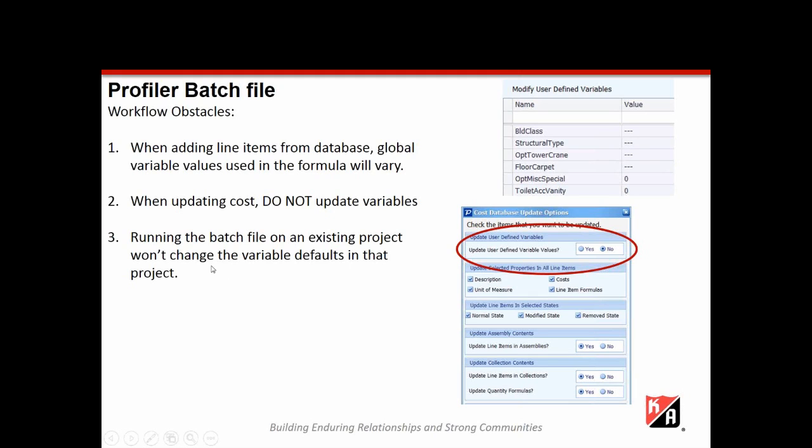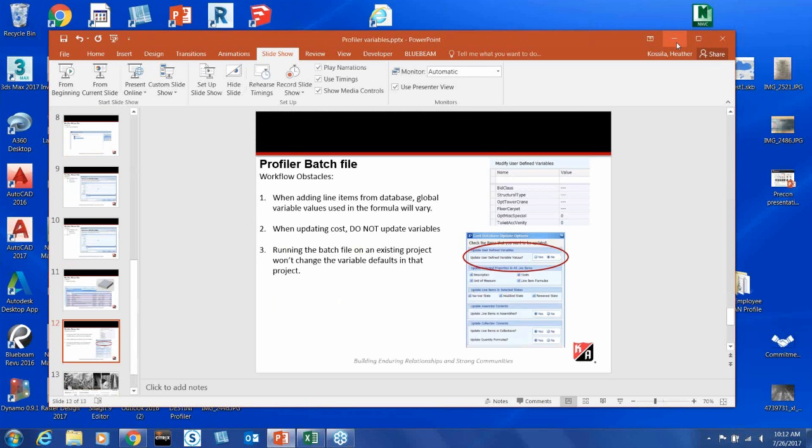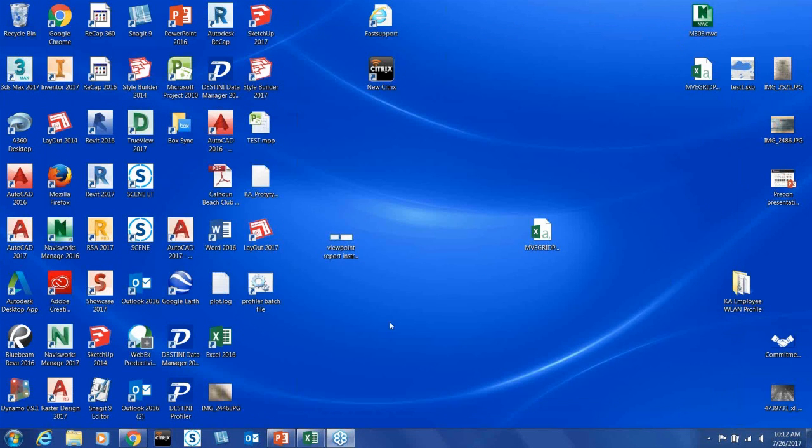And then third, if you are running the batch file on an existing project, it won't change any of your default variables in that project. It just will launch Profiler as usual, and you'll still have all of the variables. So you can't use this to change your building that you've built to another building type or to globally change your variable values.